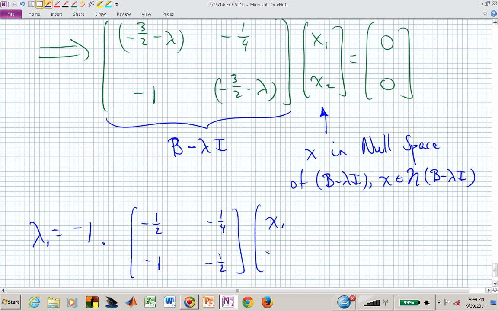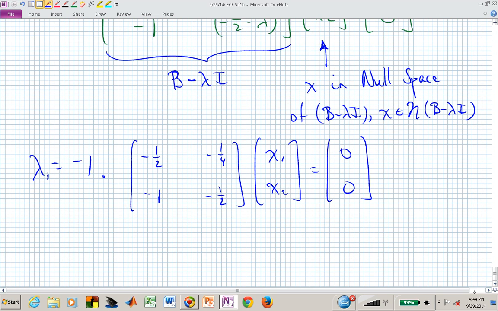That's now x1, x2. And what can you tell me about those two columns? Or do those two columns have anything in common? They are in the same direction, aren't they?